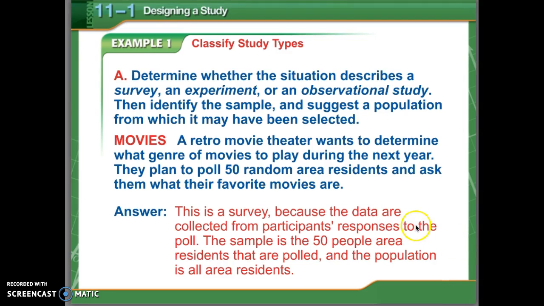So this is a survey because the data are collected from participants' responses to the poll. The sample is the 50 people, area residents, that are polled, and the population is all of the area residents.